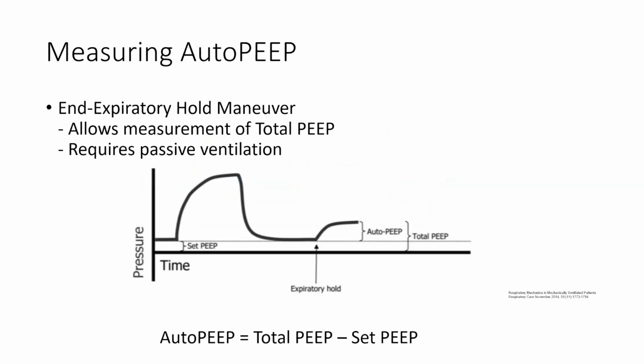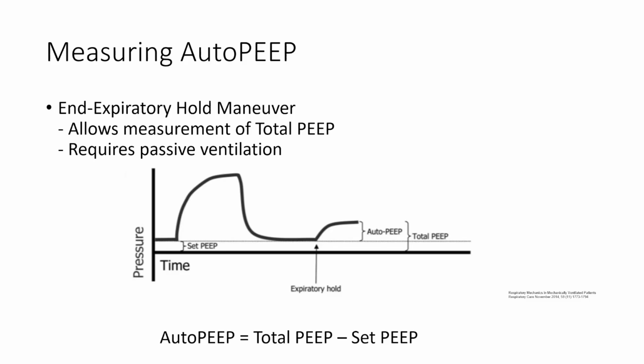And then how do you actually measure the auto-PEEP? This is going to be important for what we're going to talk about in the following slides. But clinically, probably the most efficient way would be to do an end expiratory hold and allow the pressures to equilibrate, as the airflow equilibrates between lung units when you hold the patient's breath at the end of expiration.